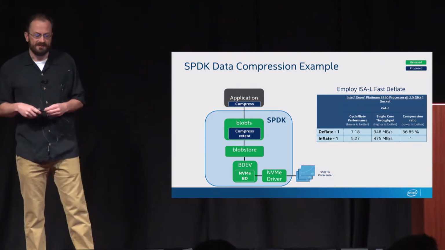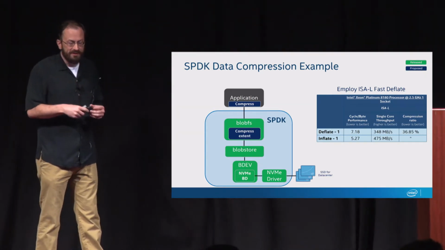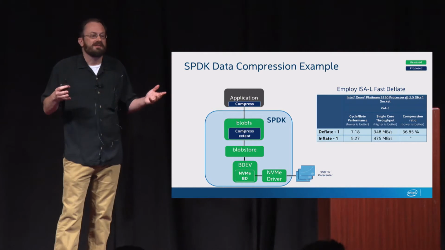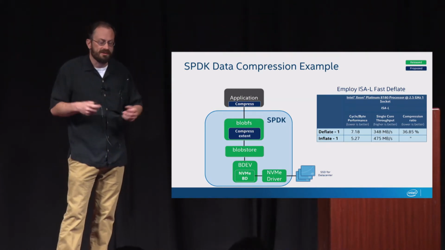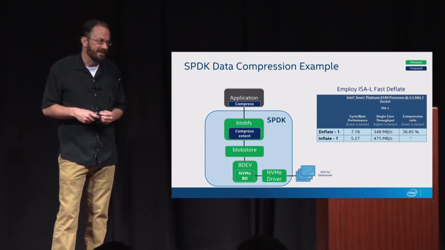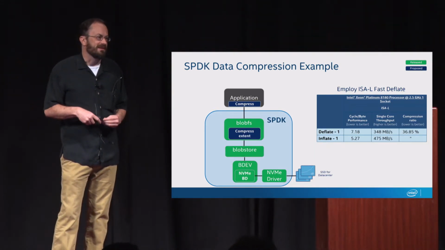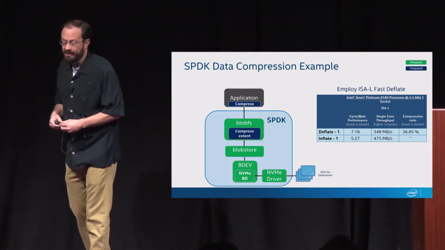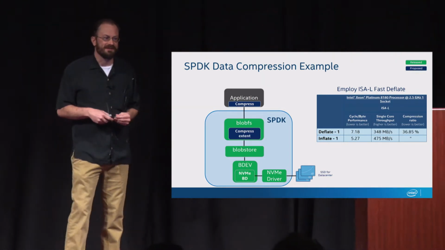But since these recent improvements, hundreds of megabytes per second, we could hit a gigabyte per second in maybe 3 cores. So it's not necessarily, even in software, a limitation. And then there are different hardware offloads that are available also.